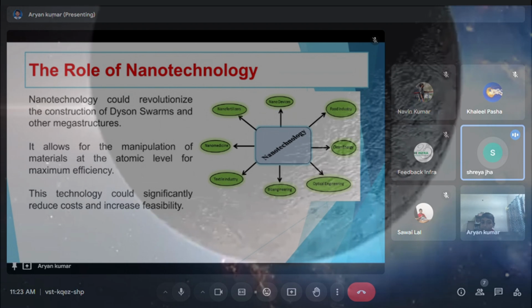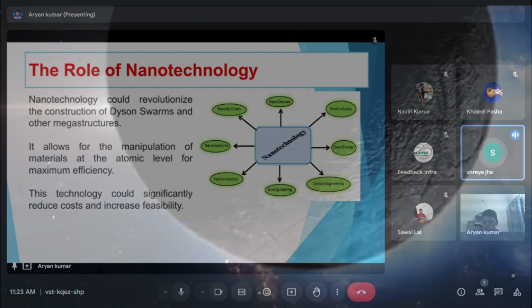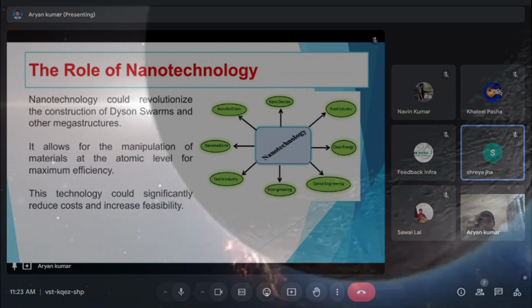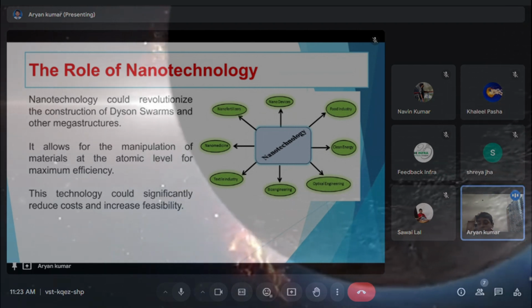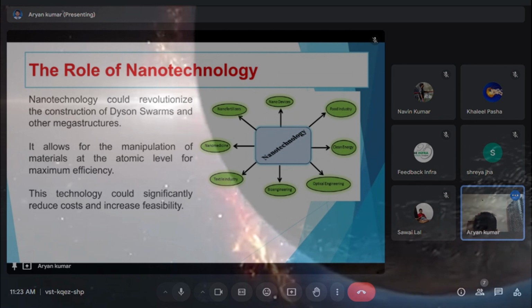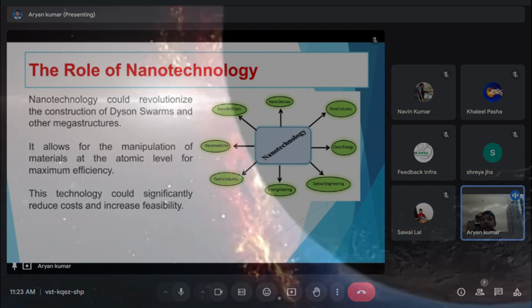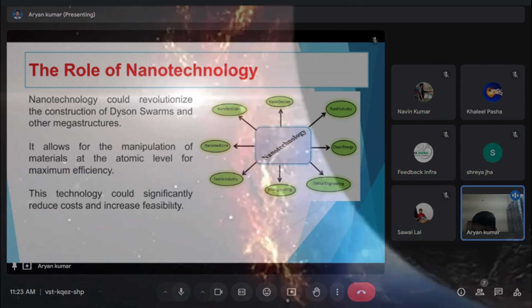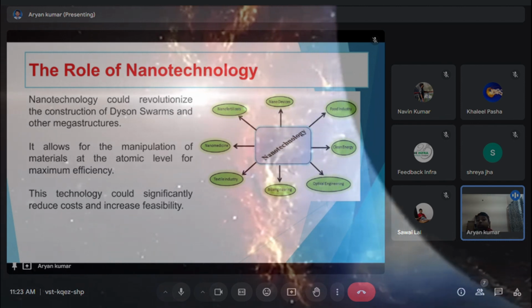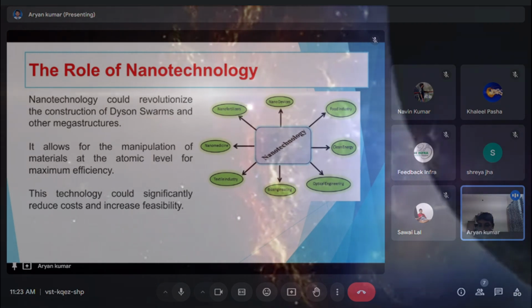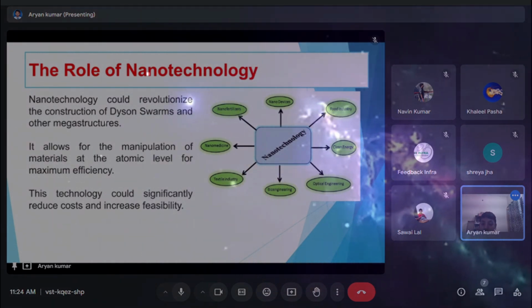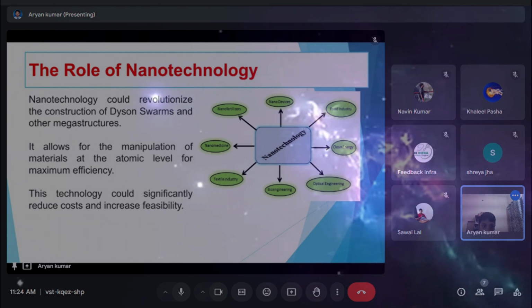This technology could significantly reduce costs and increase feasibility. So, the role of nanotechnology could revolutionize the construction of Dyson spheres and other megastructures. It allows for the manipulation of materials at the atomic level for maximum efficiency. This technology could significantly reduce costs and increase feasibility.